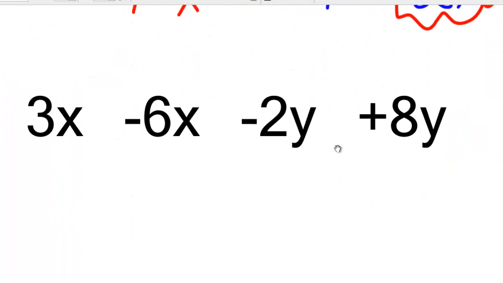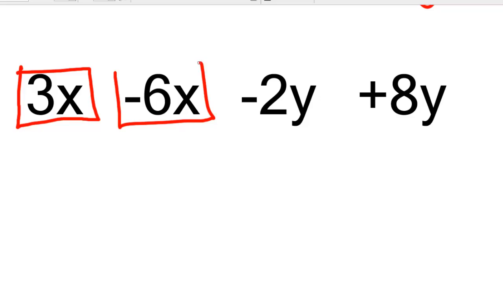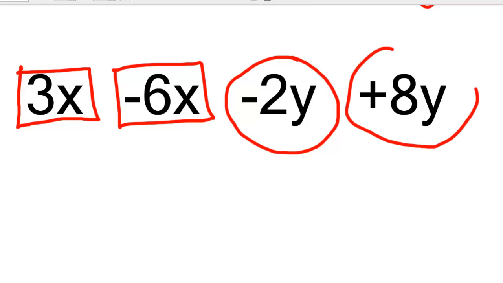There we go. And here we've got another example of combining like terms. We've got 2 different variables in here. Sometimes when things get a little tricky, I like to draw squares around like terms to represent one, and then maybe circles around another to represent a different one so I don't get confused.